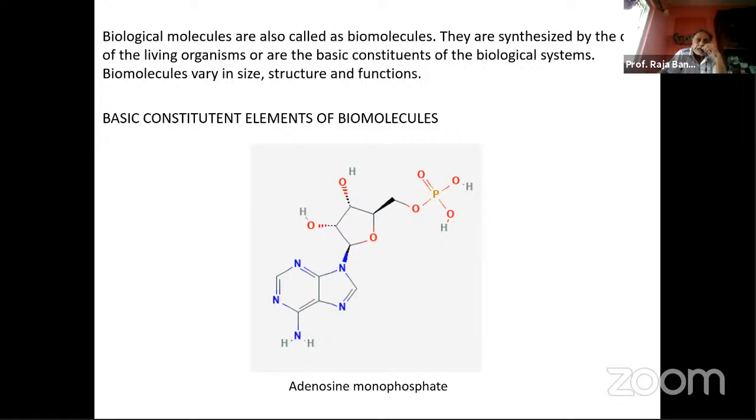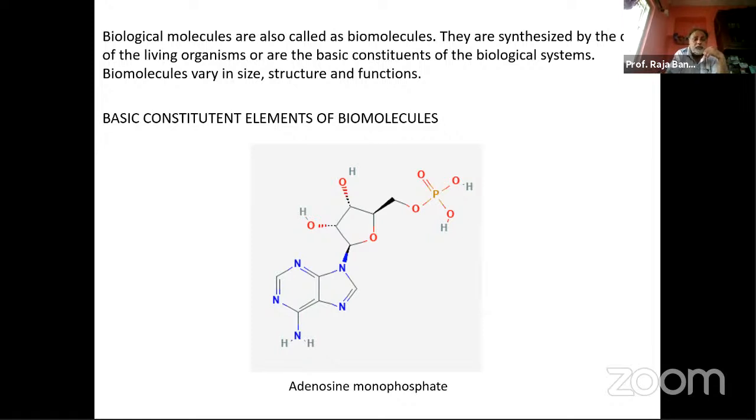But Wöhler, by the conversion of ammonium cyanate to urea, showed that biomolecules and inorganic molecules can be interconverted. However, till date we consider as biomolecules those molecules which are obtained from biological sources.